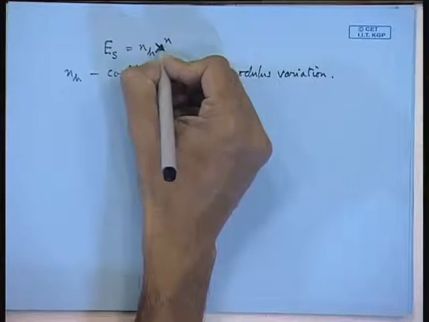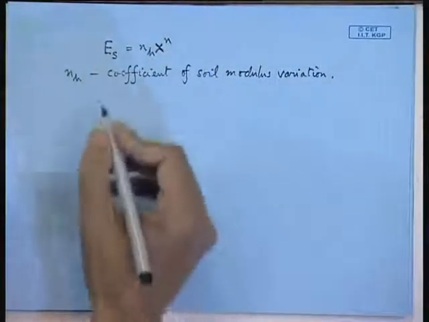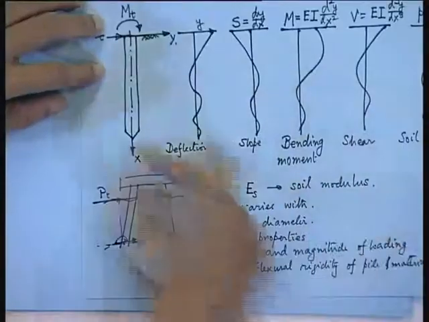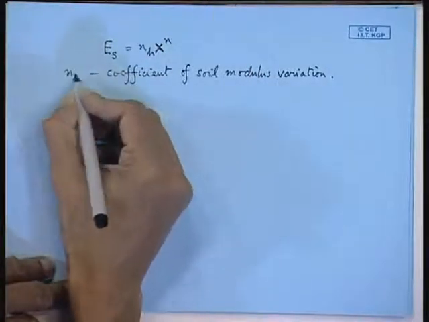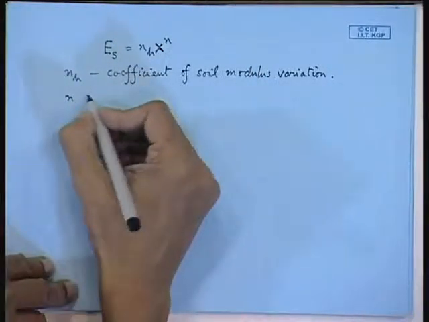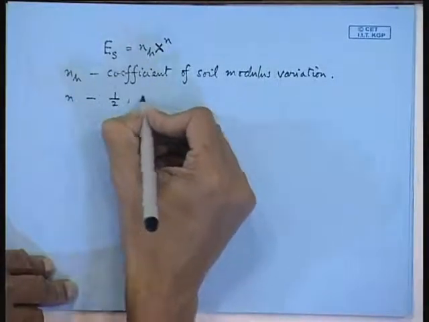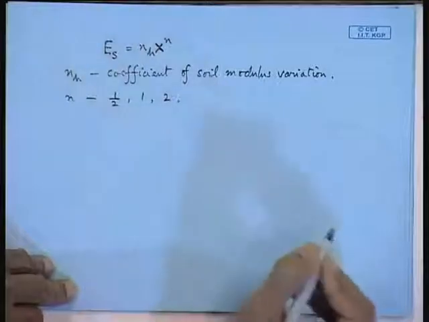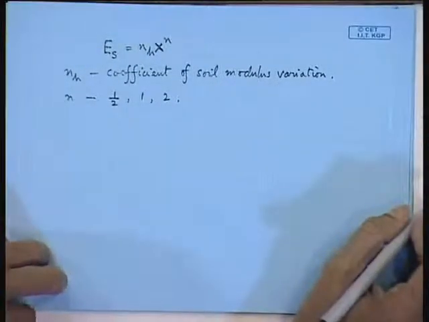X is already what? X is your pile depth. That is, you have taken x along this axis. This is your x. Now, this n, the power, you take as either half, 1 or 2. So, this is your power.